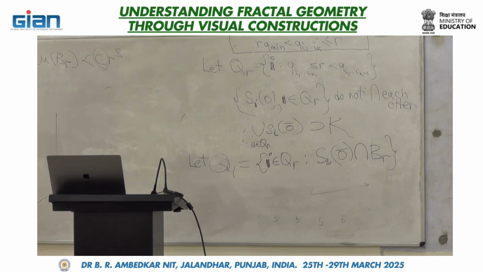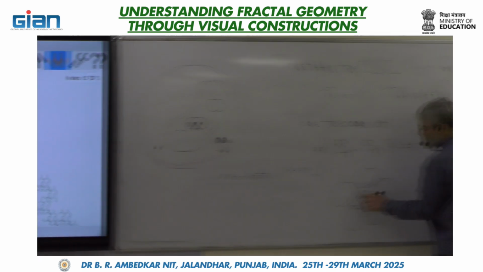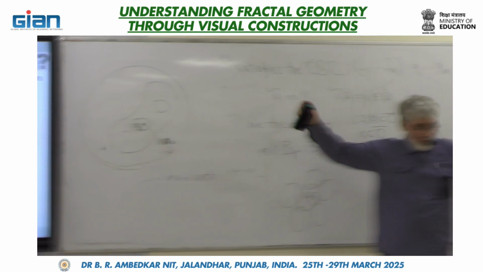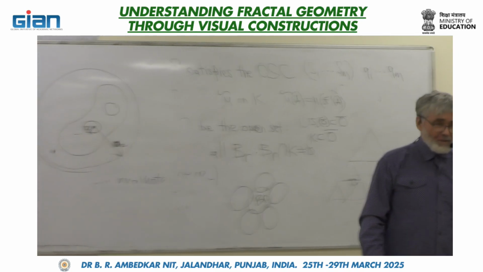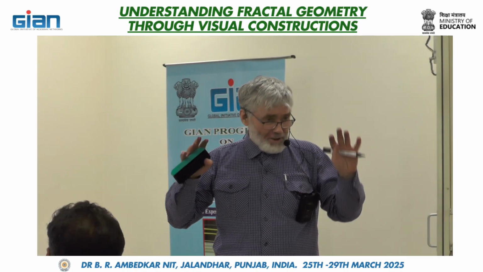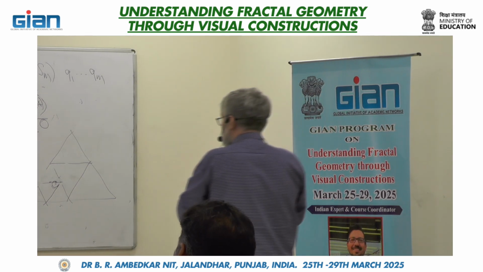Now we consider these open sets which are arranged around this BR. We have a family of open sets which do not intersect.